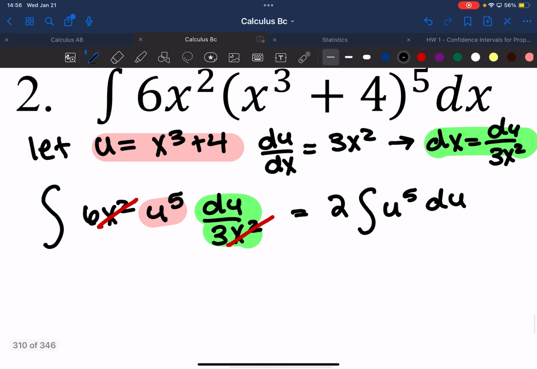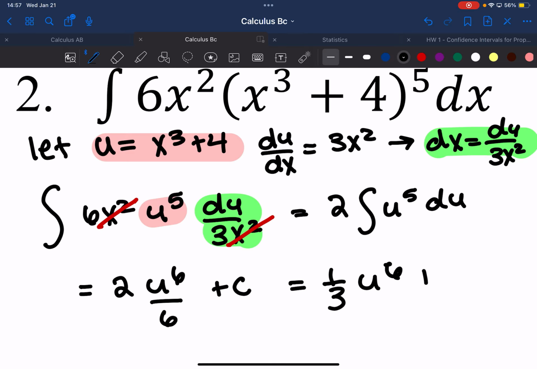And we know from the last one, the antiderivative of u to the 5th is what? u to the 6 over 6, and I bring the 2 with it, plus c. And I can simplify this by taking that 1/6 out of u to the 6. And so I have 2 times 1/6, which is 1/3 u to the 6 plus c.